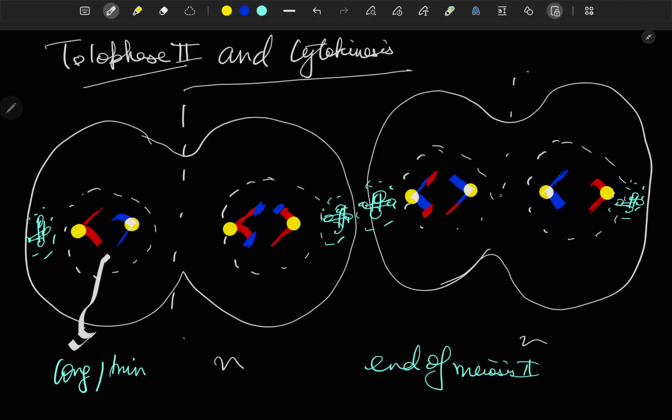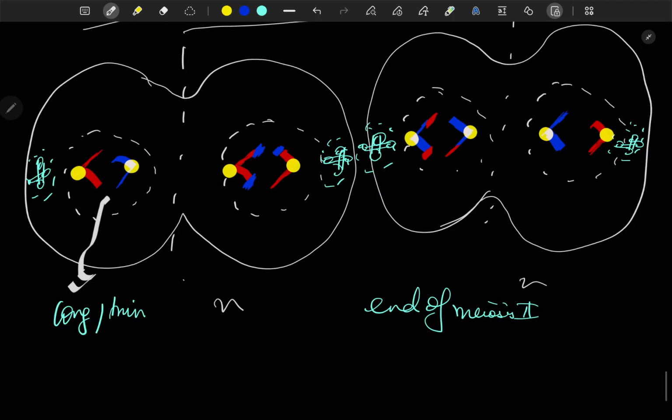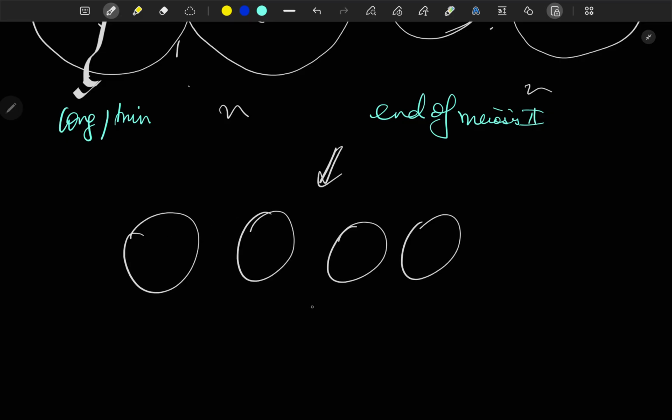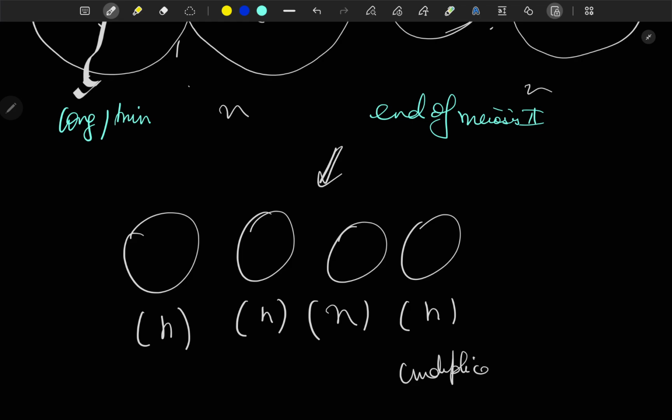What will happen later is that we get four daughter cells, one, two, three, four, which are again haploid in nature. The chromosomes are unduplicated, single chromatids.